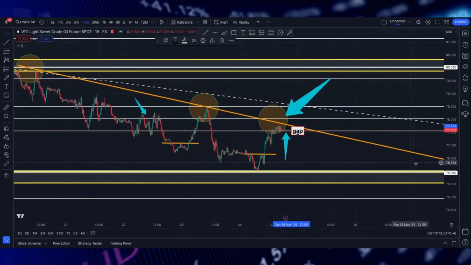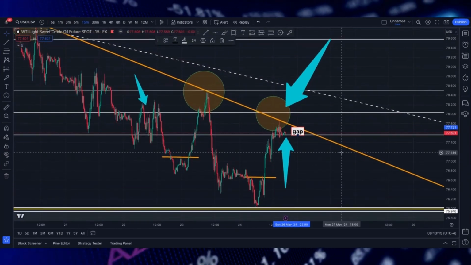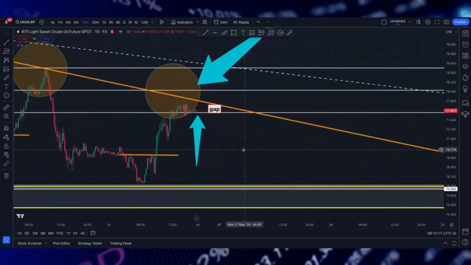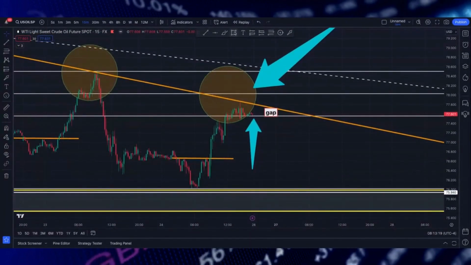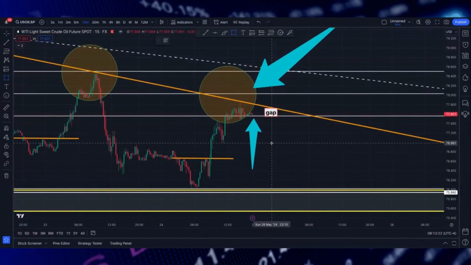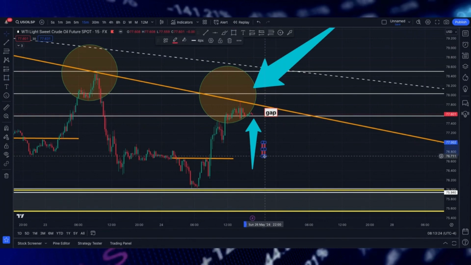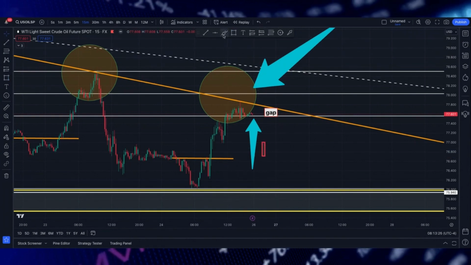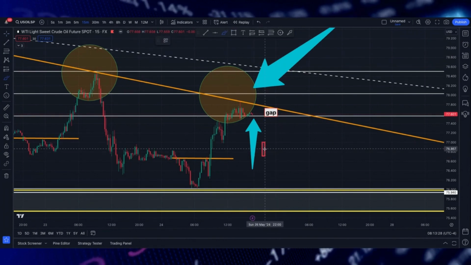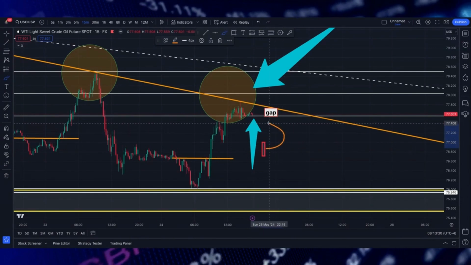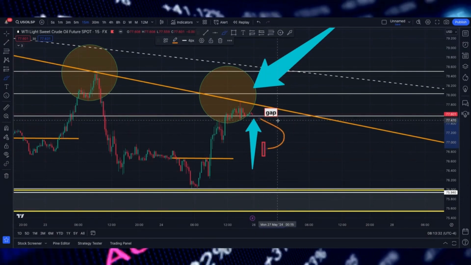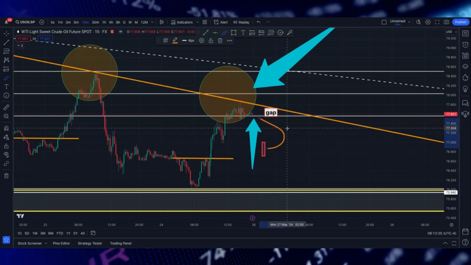I'm going to make this chart a lot bigger so you can see it. That is our gap area. If on Sunday the price opens here, we get a red candle that opens here. The difference between where price opens and where price closed on Friday is considered the gap.